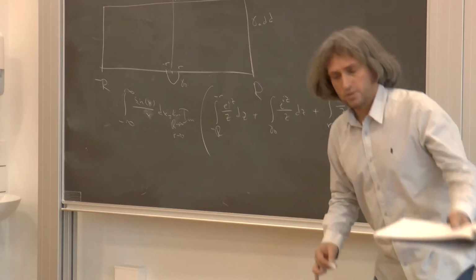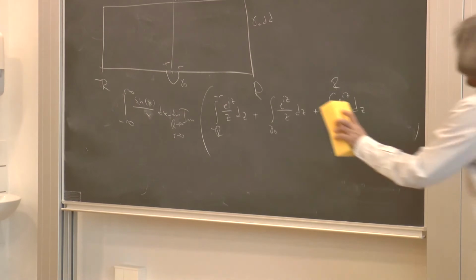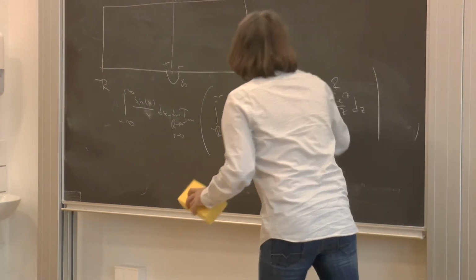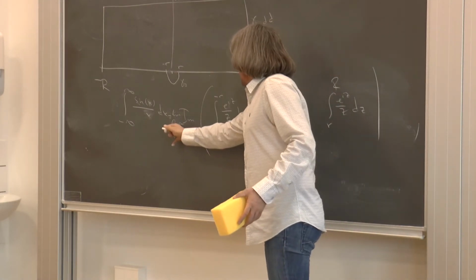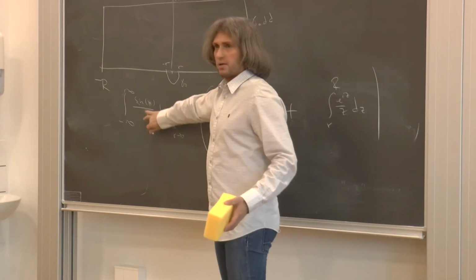Sorry, I wrote something wrong. I wanted to say that these two summands, when capital R goes to infinity and small r goes to 0, give us this whole integral.